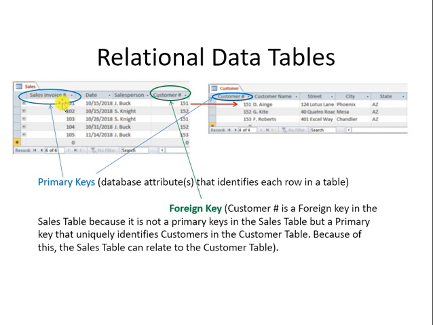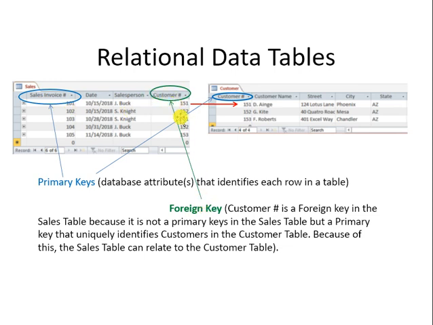Sales invoice 101 identifies this row in the table, and the other attributes describe sales invoice 101. We may have multiple attributes in the primary key, and we call this a concatenated key. Sometimes we have two attributes in the primary key.